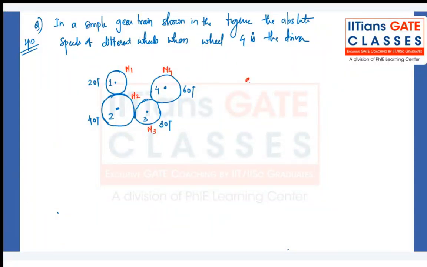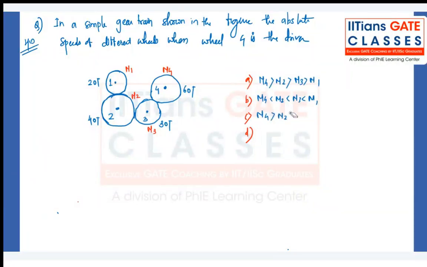The options which they have given are like: N4 is greater than N2 is greater than N3 is greater than N1, and N4 is less than N2 is less than N3 is less than N1.